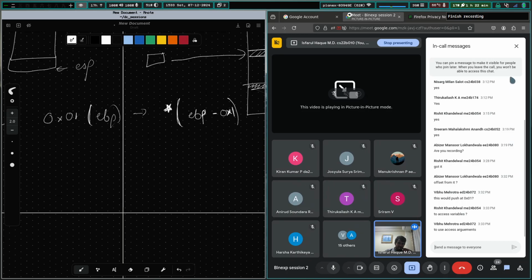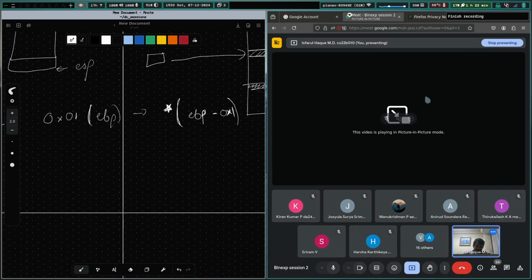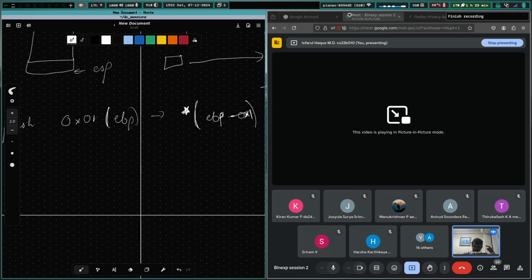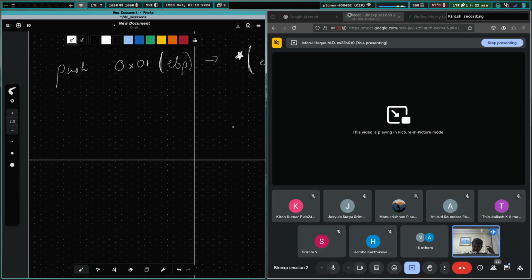To access variables and arguments, both. Sorry, it will be plus here. Because we will be storing variables with respect to an offset in memory and not with names, obviously. Yes, that's right. So every variable for you.